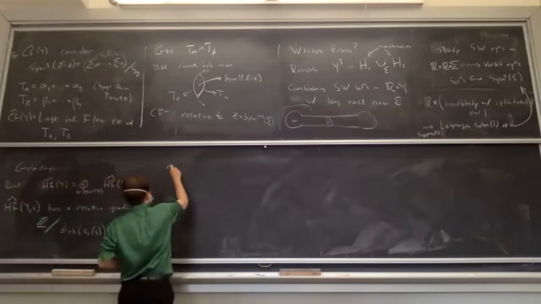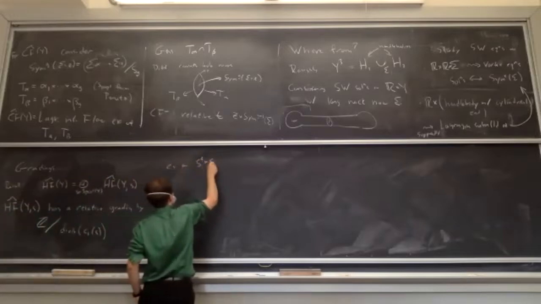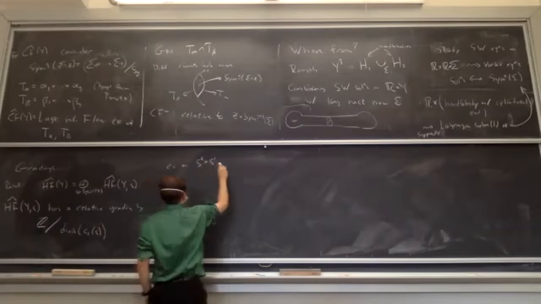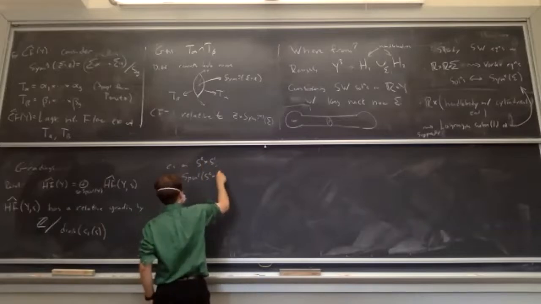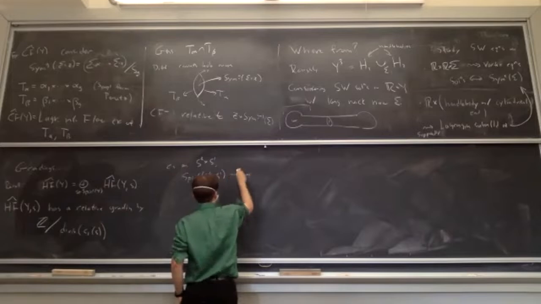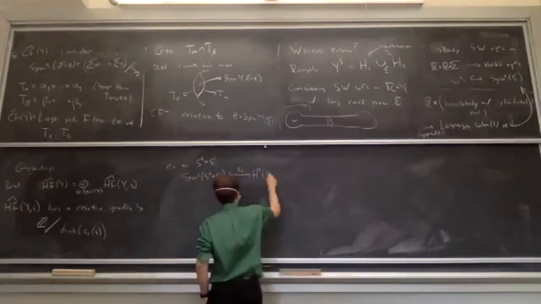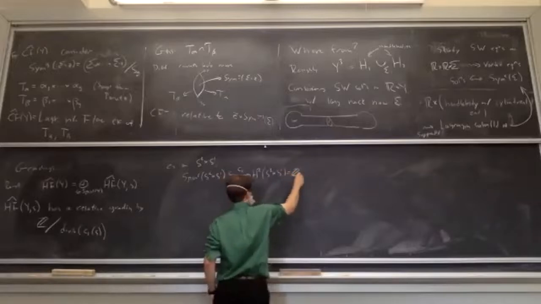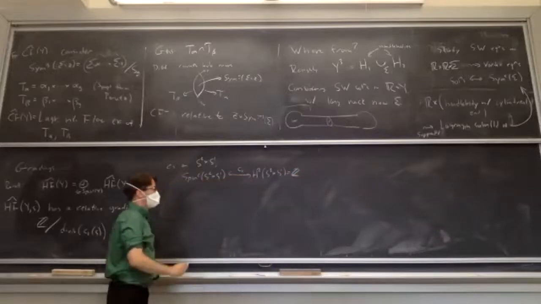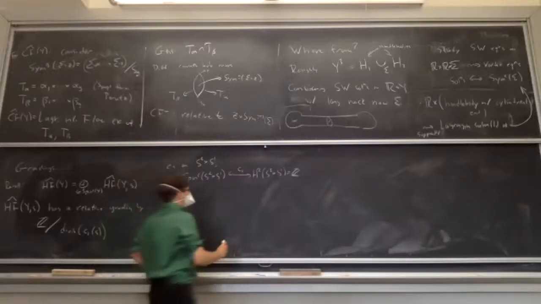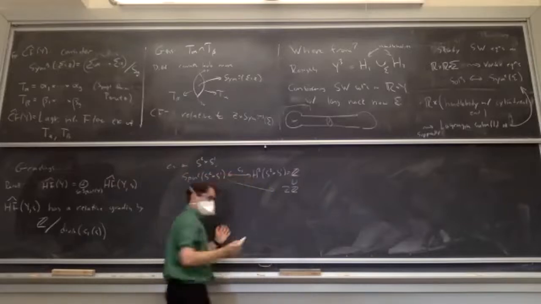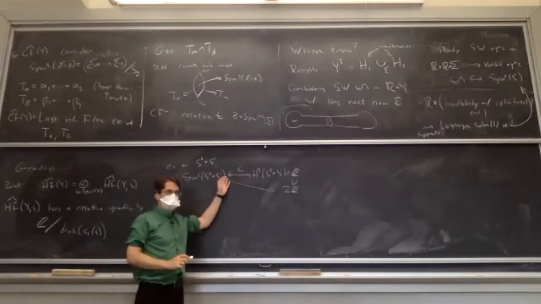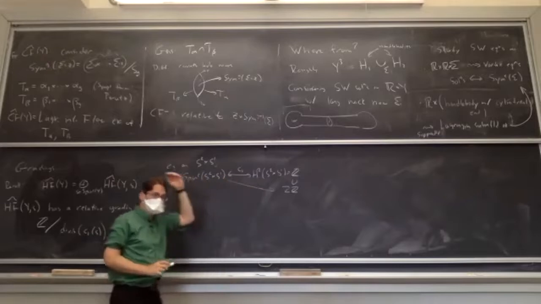On S2 cross S1, spin C of S2 cross S1 injects by c1 into H2 of S2 cross S1, which is Z. And what does it hit? It hits 2Z sitting inside Z. That's what the first Chern classes of spin C structures on S2 cross S1 are.